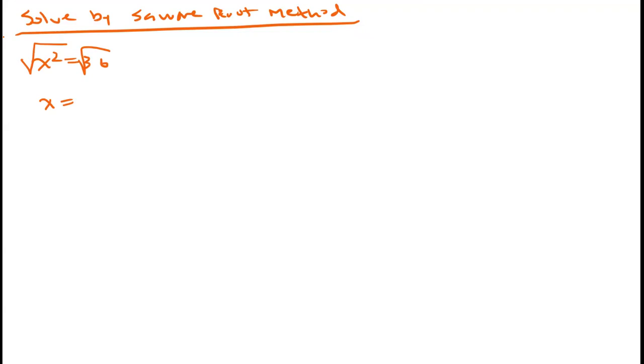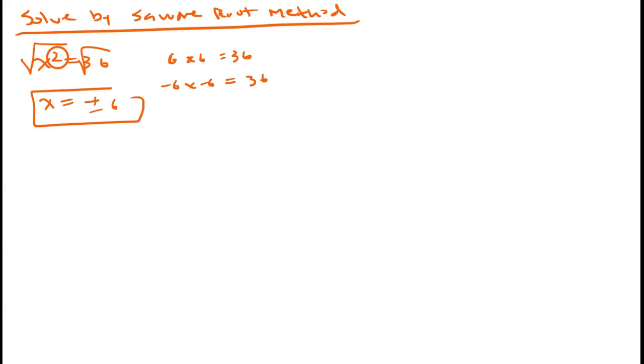What else? Exactly, we get positive and negative 6. Very good, so we have plus and minus 6. Again, we have to be careful because we have a power of 2, so we should have two possible solutions, because 6 times 6 is 36, and negative 6 times negative 6 is also 36.